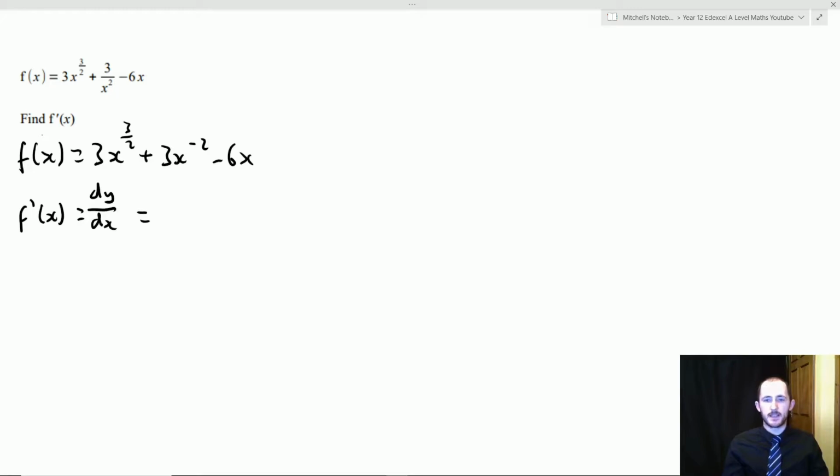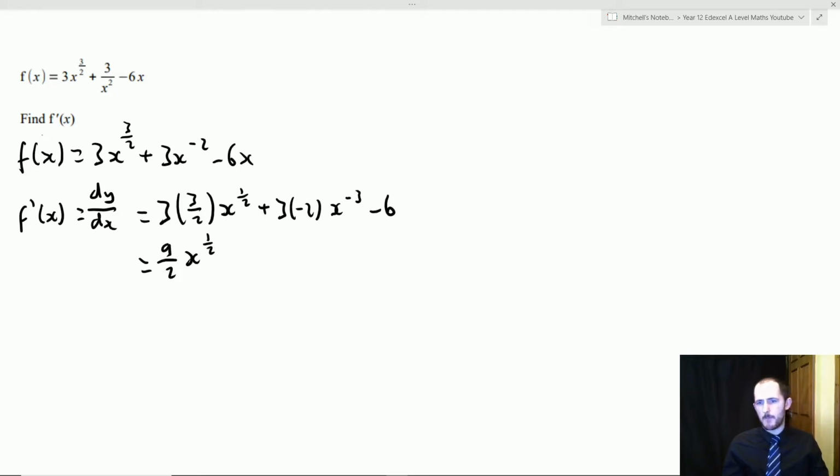So in this case, bringing the powers to the front, so we have 3 over 2 x to the half, plus 3 times minus 2 x to the minus 3, minus 6. So simplifying that now, that's going to be 9 over 2 x to the power of a half, minus 6 x to the minus 3, and then just minus 6.